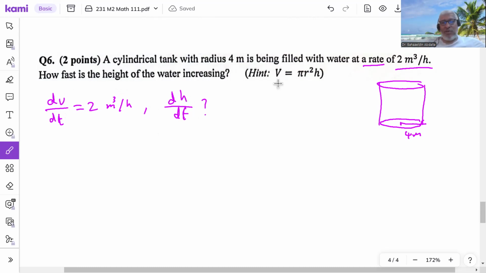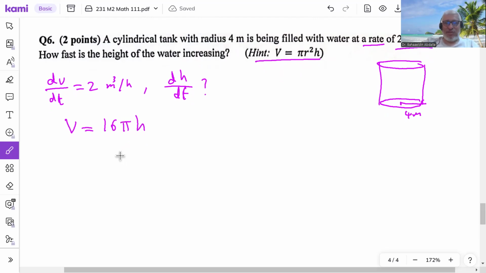I need a relation between them. He gave me the relation. But notice that R is not changing. R is 4, always 4. So the formula would be, I replace R by 4, so it would be 16 pi H. Because R is fixed, it doesn't change. But V and H change with respect to time.